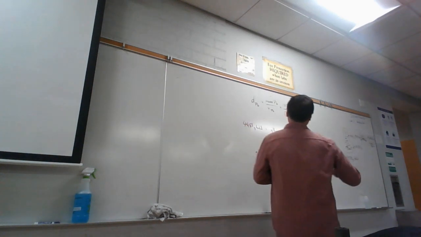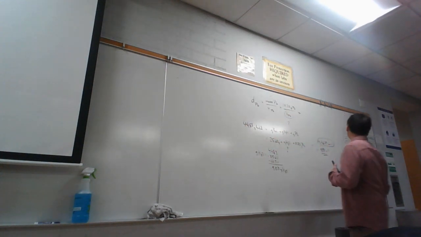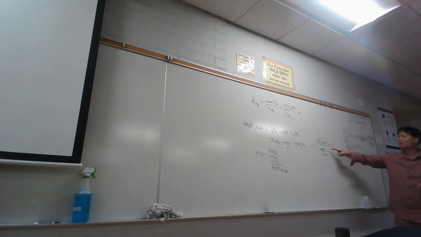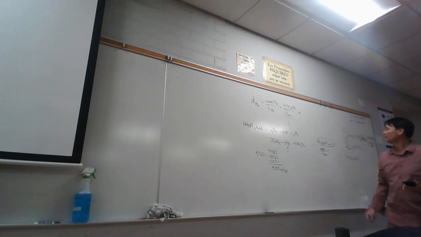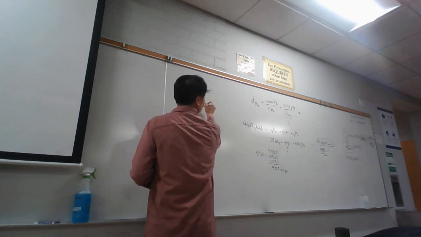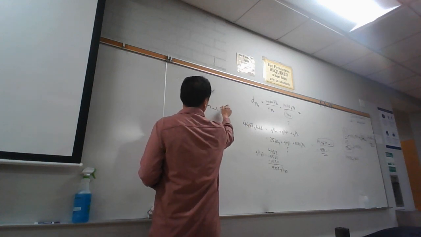So what I'm going to do is just plug it in. The volume of the lead: well, we know what the volume of the pycnometer is. It's going to be 9.9679 milliliters of pycnometer.